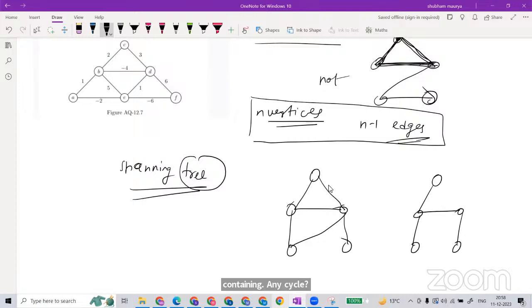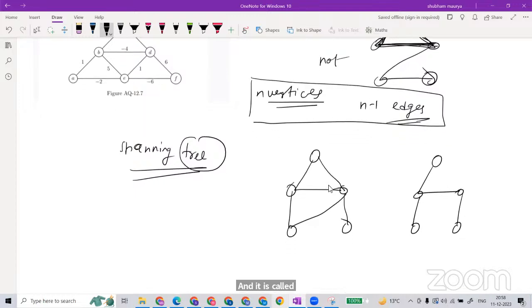Spanning means it will be a subgraph. The number of vertices are the same, and the edges are whatever connecting edges are there, but we try to remove the edges which make a cycle.